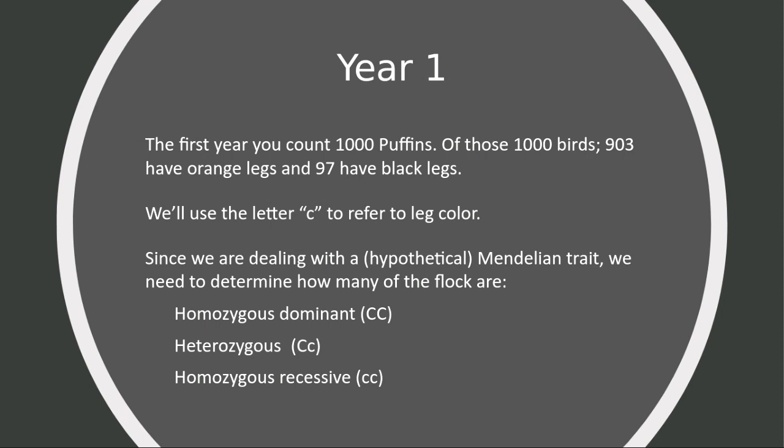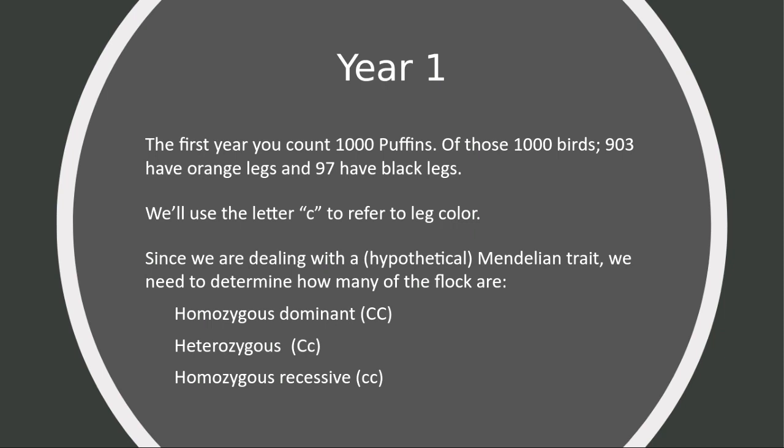So year one, we count 1,000 puffins, and of those 1,000 puffins, 903 have orange legs and 97 have black legs. Now, for the purposes of our Mendelian traits, we're going to use the letter C to refer to the alleles for leg color.